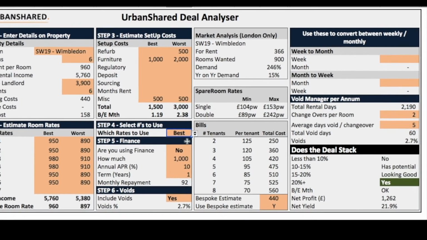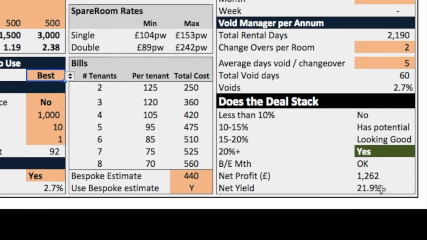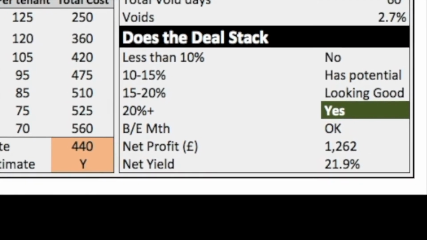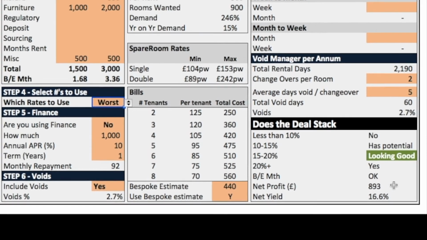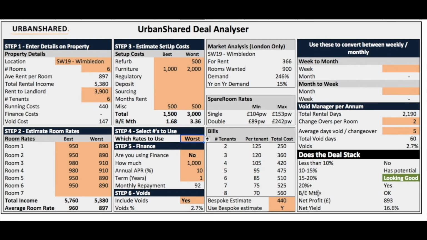So at the best case scenario, this deal was now making 21.9% after costs, and we liked that number. At the worst case, it was making 893, which is 16.6%, which was also acceptable in this case.